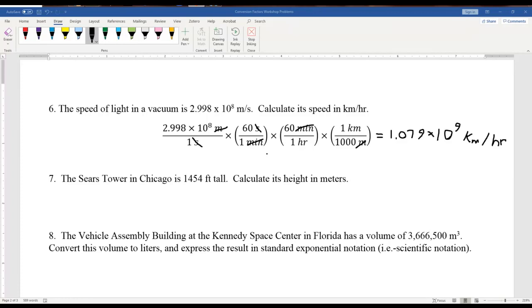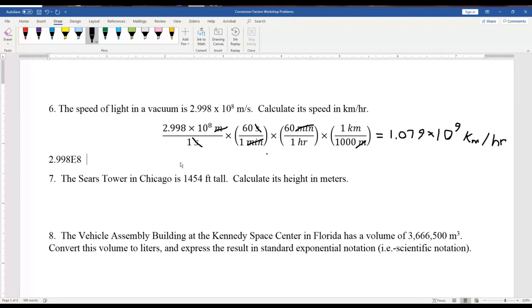The EE means times 10 to the power of. So whenever you hit EE, it's the same as doing times 10 to the power. So when I write 2.998 times 10 to the 8th, it is the exact same thing on my calculator if I write 2.998 E8.